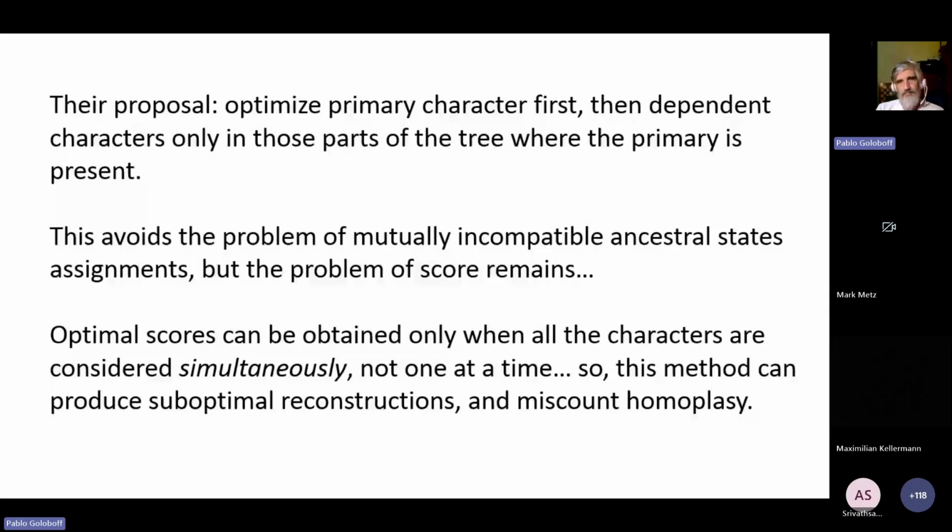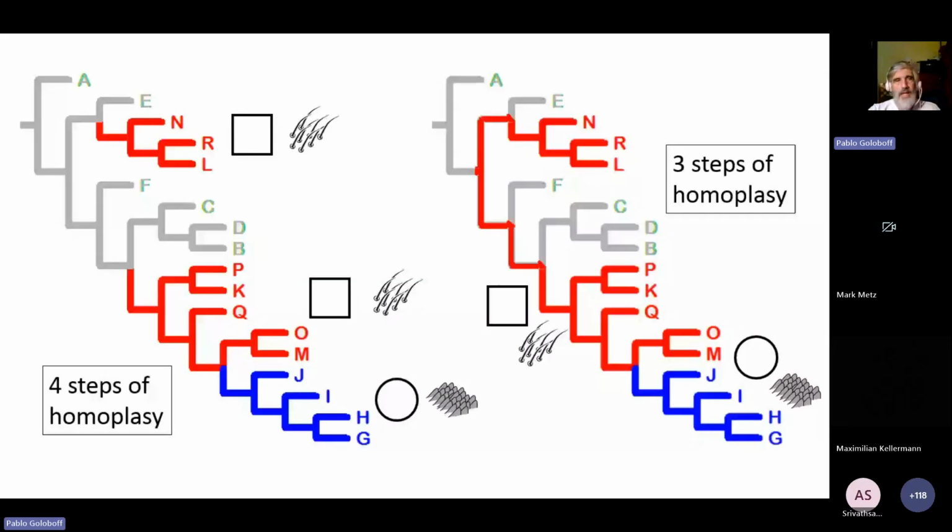Remember this case where the tail can have a red color, squared section and have hairs, or be blue, rounded, and scaly. And this reconstruction has 4 steps of homoplasy, while this reconstruction has only 3 steps of homoplasy because it allows considering the red and the squared and the hairs as inherited from a common ancestor.